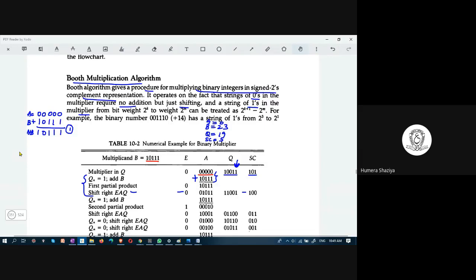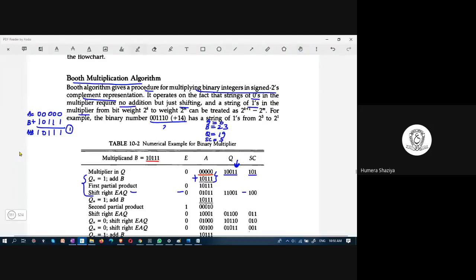Whatever values you get, if you substitute, the result is a step in the Booth multiplication algorithm. For example, the binary number 001110, which is equal to plus 14, has a string of ones from 2 to the power of 3 to 2 to the power of 1.